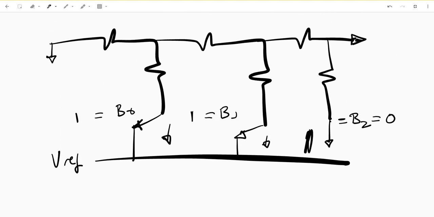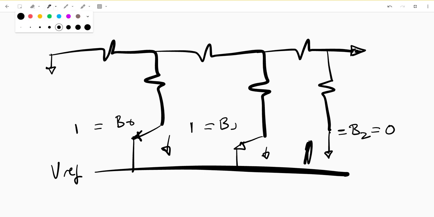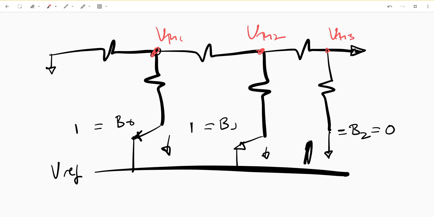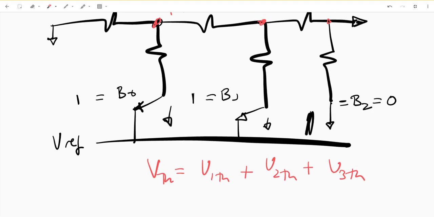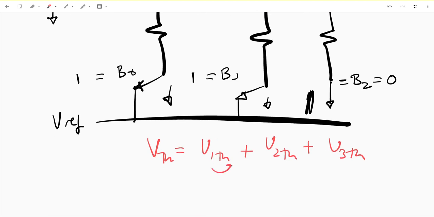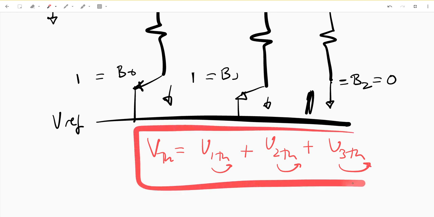Now what we need to do is find our VTH1, VTH2, and VTH3, and use superposition to find VTH equals V1TH plus V2TH plus V3TH. I think I put the 1 on this side, but I guess you get the point.